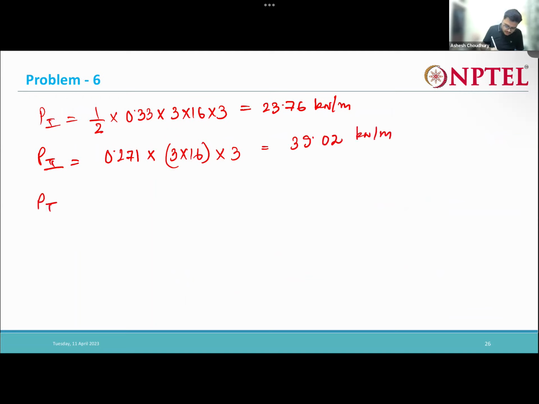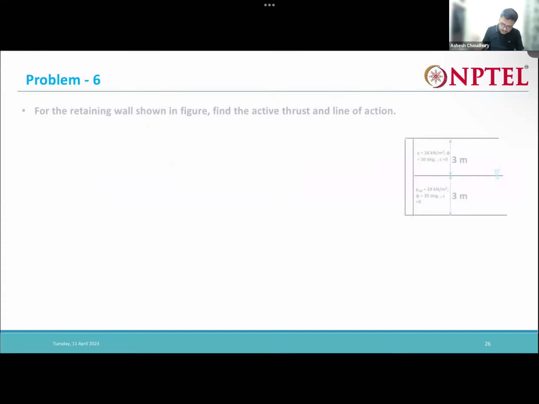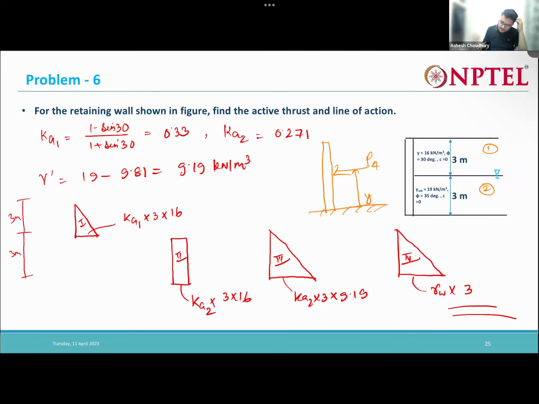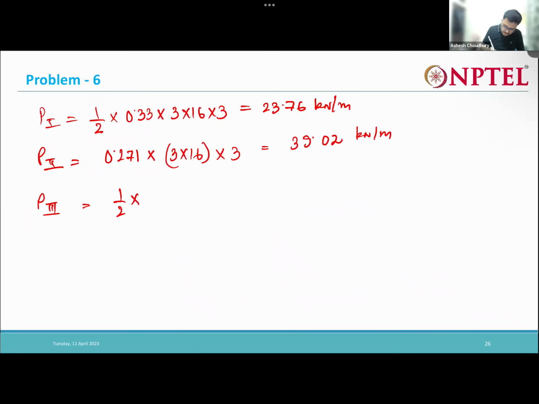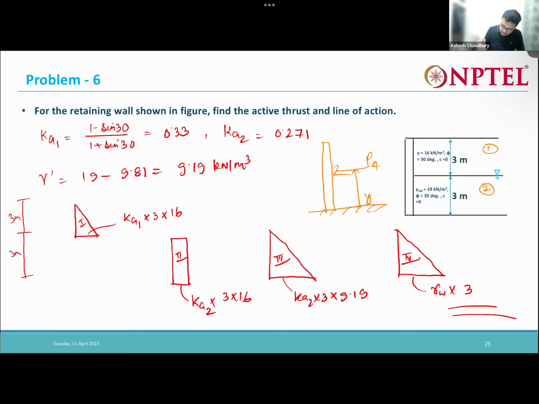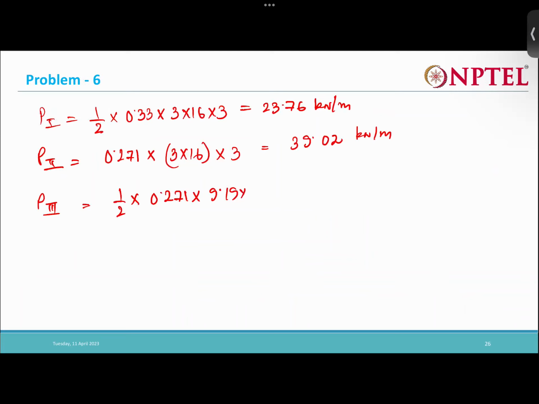Then P3 is this one. So half into K2 into 9.19 into 3 square.